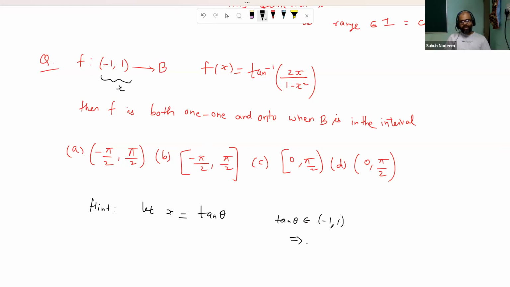So what will be theta in that case? It will be minus pi by 4 to pi by 4. Minus 1 is at minus pi by 4 and 1 is at pi by 4. So theta belongs to (minus pi by 4, pi by 4).